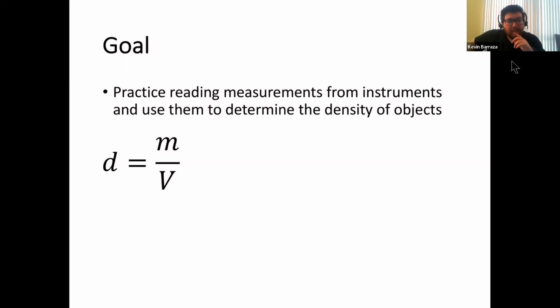But what we're going to be doing in this investigation is using several different tactics to record the measurements necessary to find the density. Remember that density is the mass of the substance divided by the volume of that substance. So there are different ways that we can do that depending on the type of substance we're investigating.